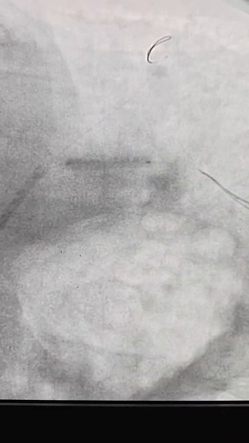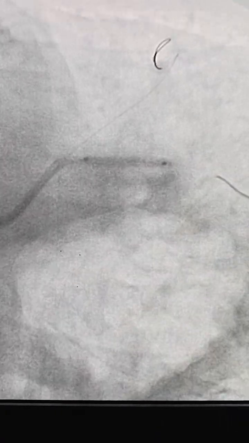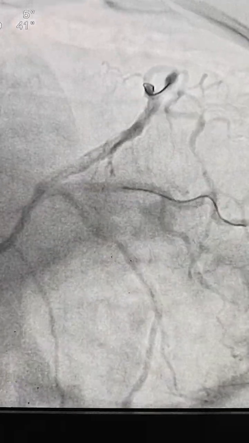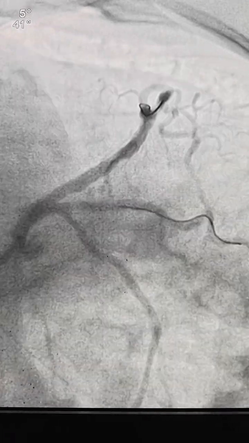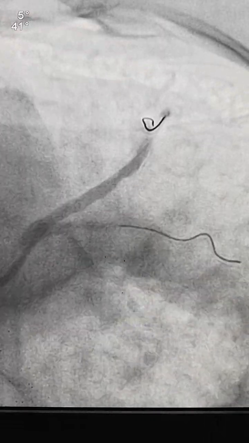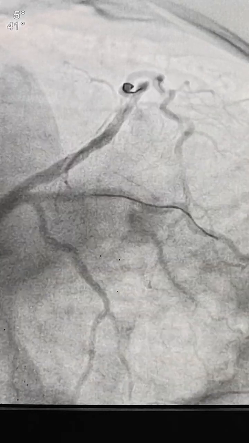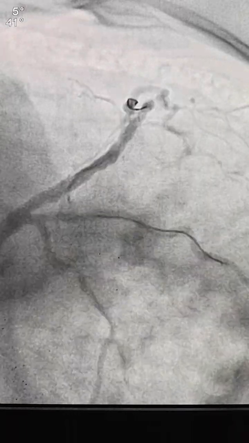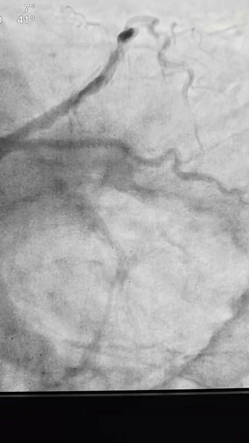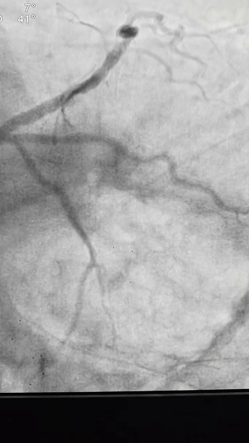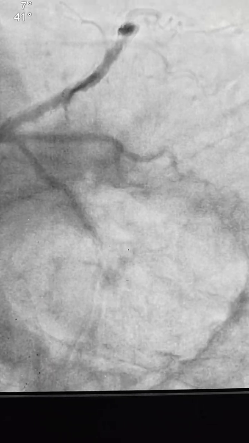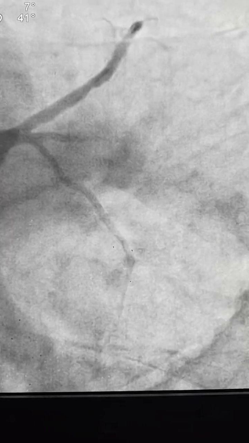Nominal was 8. It was a 2.5 by 20 stent, and then we could achieve TIMI 3 flow in this OM, and you can see how big the OM was. So now you can see that in the OM the TIMI 3 flow is there, and this is the angioplasty of this OM in this short left main.